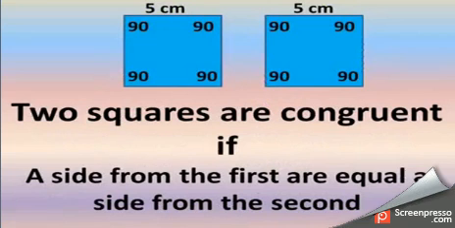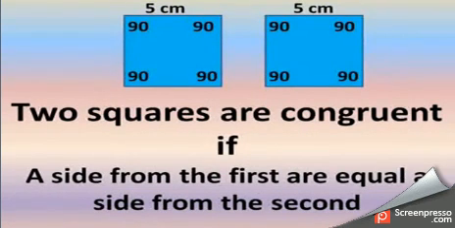Excellent. In a square we don't mention the angles, because all angles of squares are 90 degrees, and all sides of squares are 5 centimeters, so the two squares are congruent if a side from the first equals a side from the second.